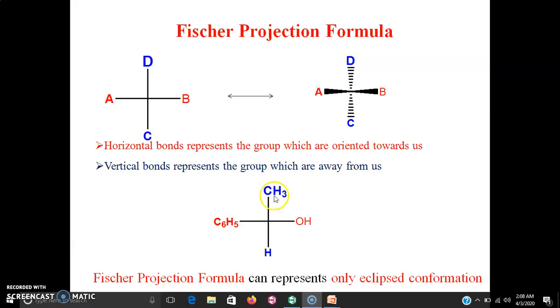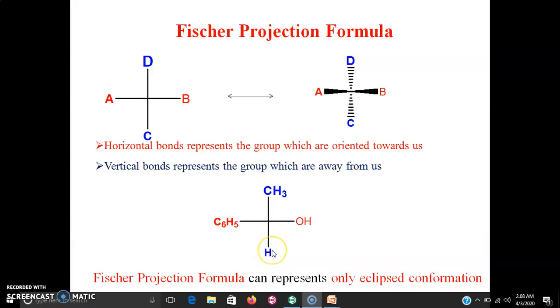Here we can see that both C6H5 and OH groups are in the horizontal line. That indicates that C6H5 and OH groups are orienting towards us. And here CH3 and hydrogen are in the vertical line. That indicates that CH3 and hydrogen are orienting away from us.